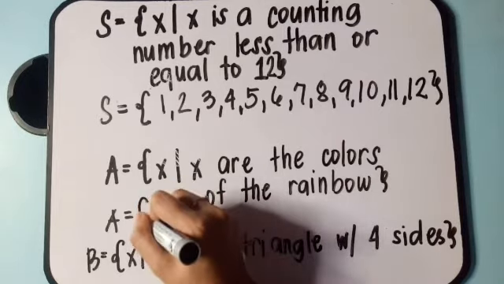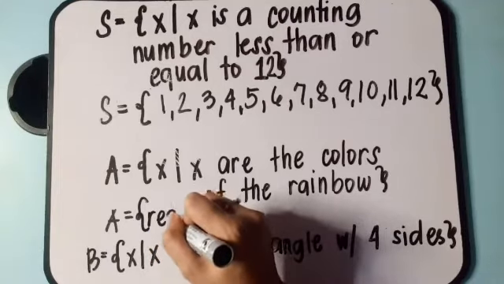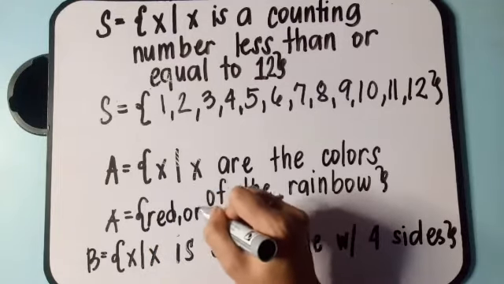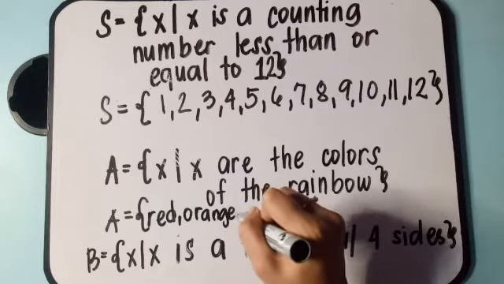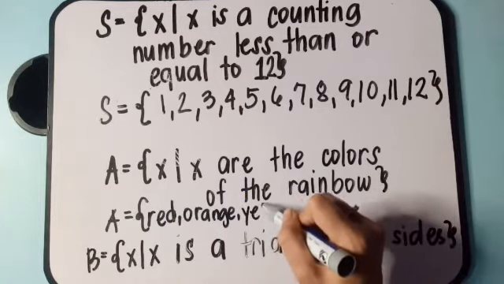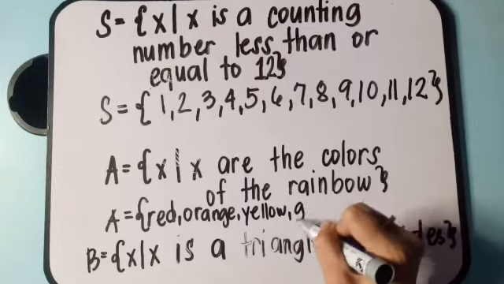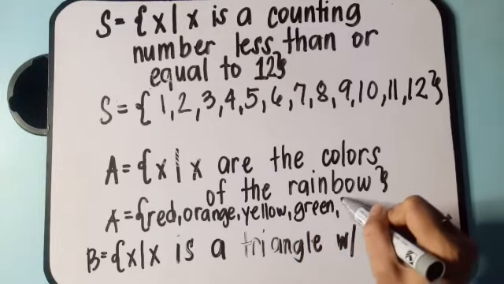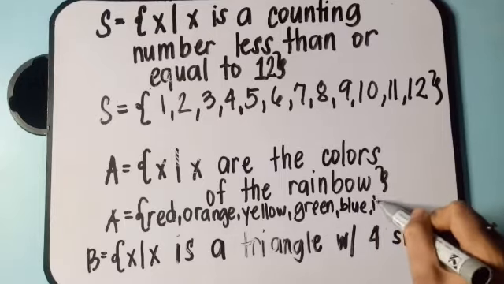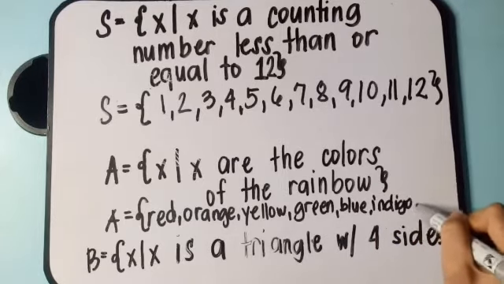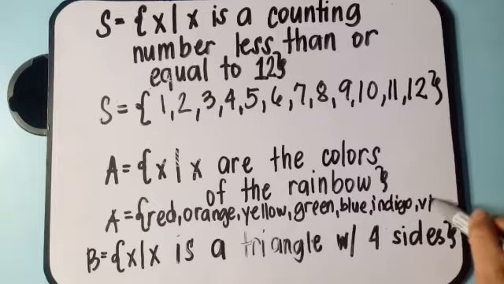So we have the red, orange, yellow, green, blue, indigo, violet. Okay, so these are the elements of the set A. We have the red, orange, yellow, green, blue, indigo, and violet.